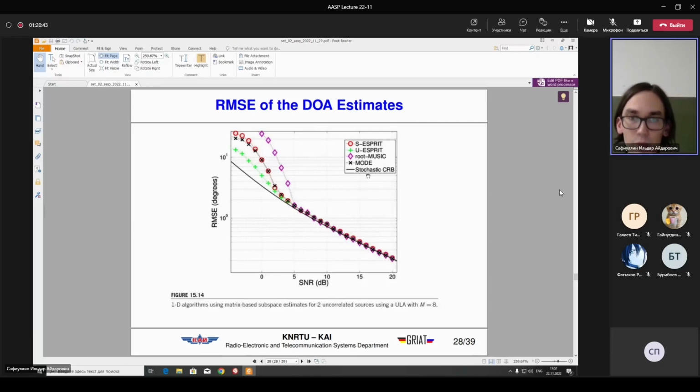So I think we will do a lecture with my group mate, who had this type of theme for his master thesis. He worked with ESPRIT type algorithms, and also he tried to find these stochastic Cramer-Rao bounds.